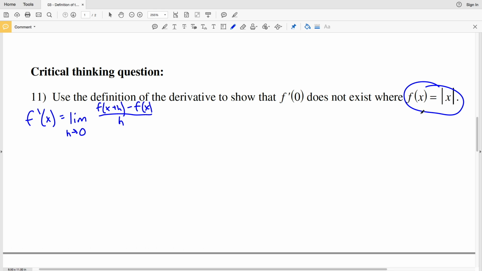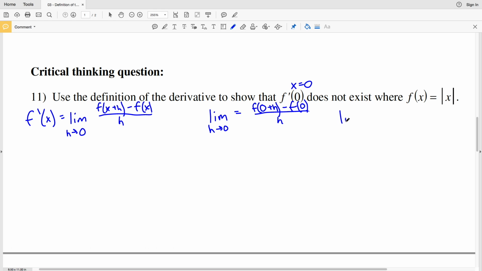But we're using f of x as the absolute value, and x we're given is equal to 0. So we're going to have that the limit as h approaches 0 is equal to f of 0 plus h minus f of 0 all over h.